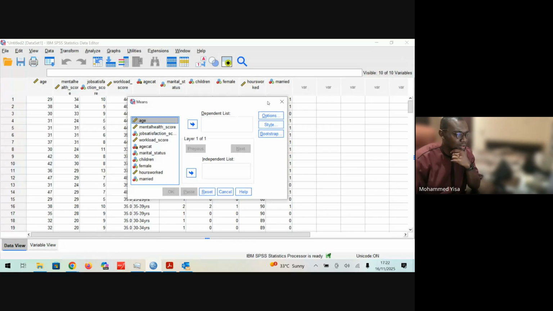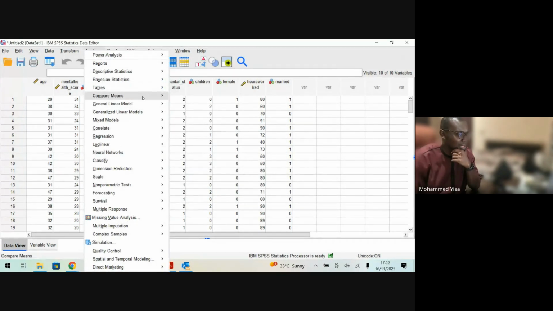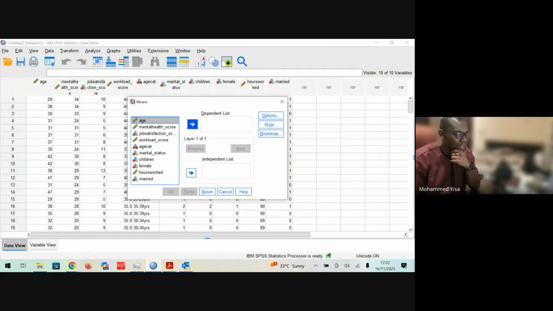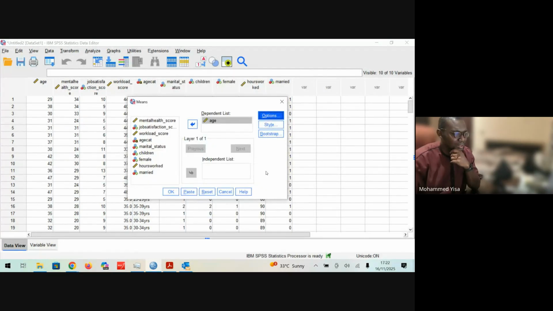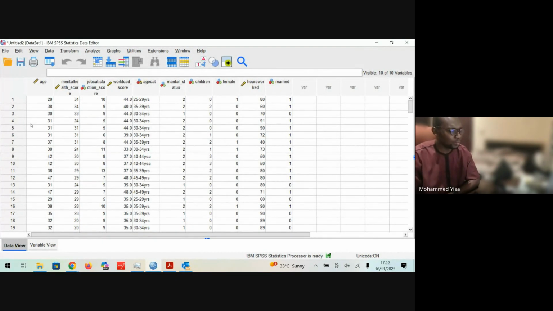So when we come here, I came to Analyze and then Compare Means. So I came to Means. This is where you come when you want a bit more control over what you are checking for. I'm sure if you check a lot of the different settings, you will be able to find a one-tail hypothesis, but I do not remember how it is done at this moment.